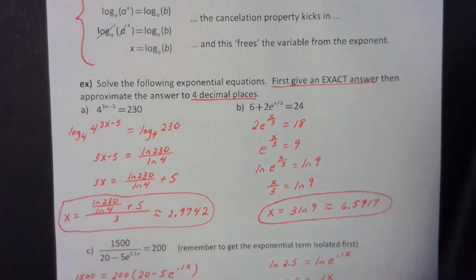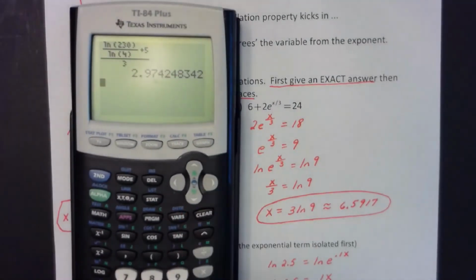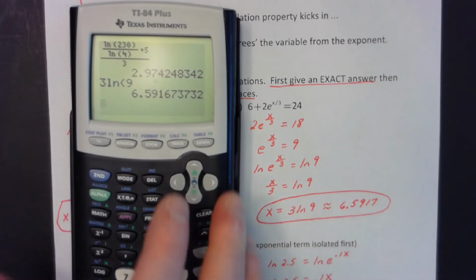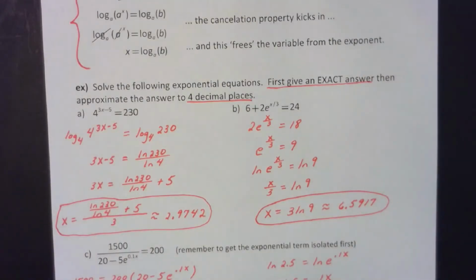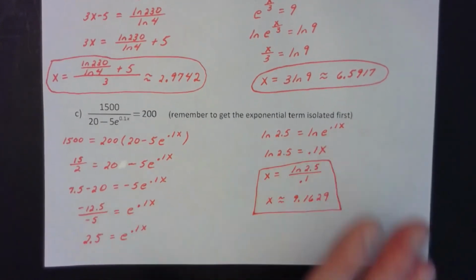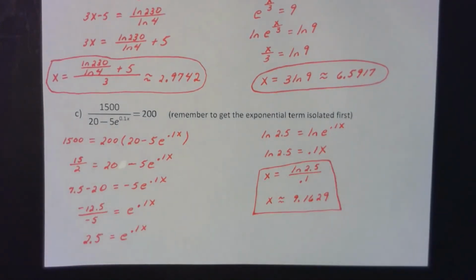That's my exact answer. My decimal approximation of that, I just say 3 natural log of 9. And you can see we get here the 6.5917 rounded answer.